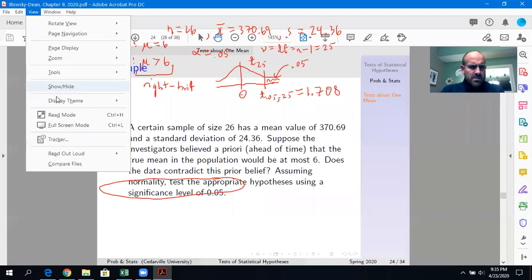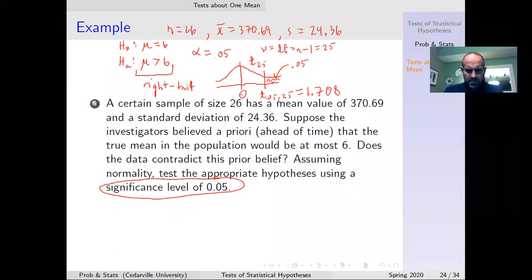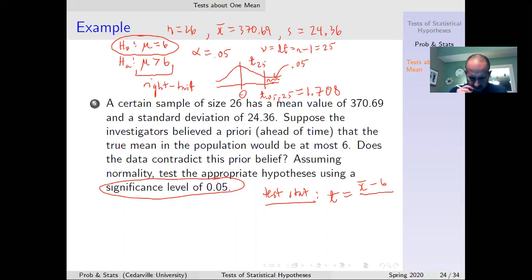Back over here. So the rejection value is 1.708. What's our test statistic? The test statistic is t equal to x bar minus, remember, we always start by assuming the null, which is that mu is equal to 6, divided by s over the square root of n.